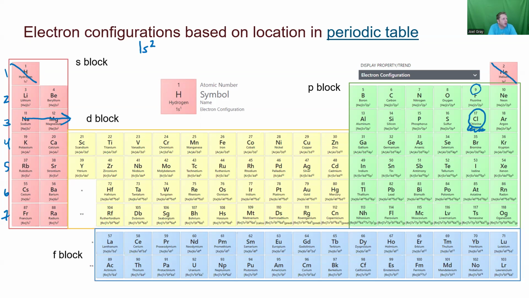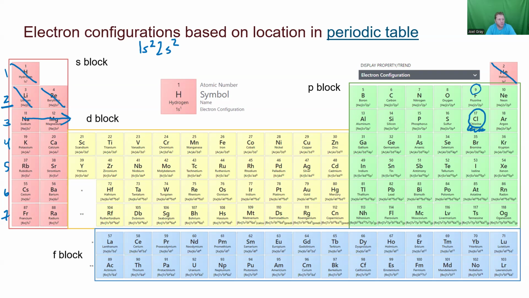Okay. Now I'm going to go to 2s because I use the row number, and then the subshell corresponding to the block. So this is S block. So this is 2s2. Where do I go next?